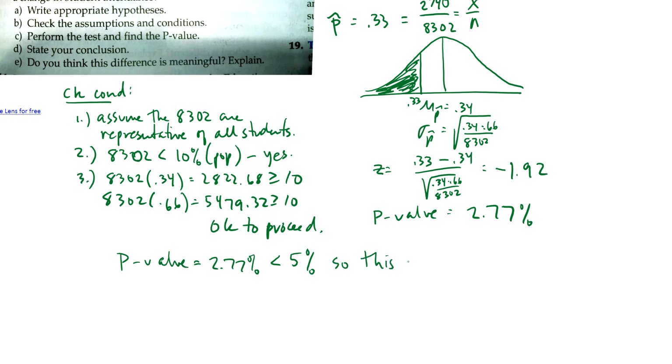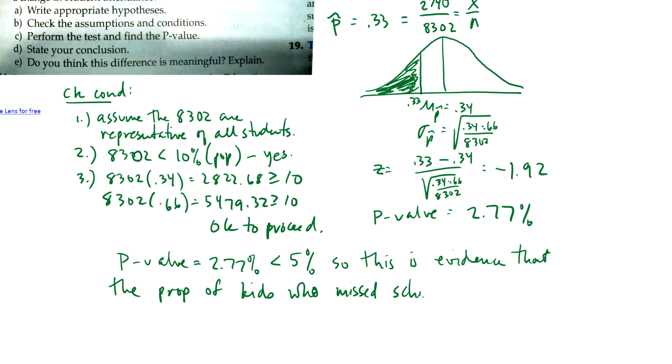So this is evidence that the proportion of kids who missed school the previous month is decreasing.